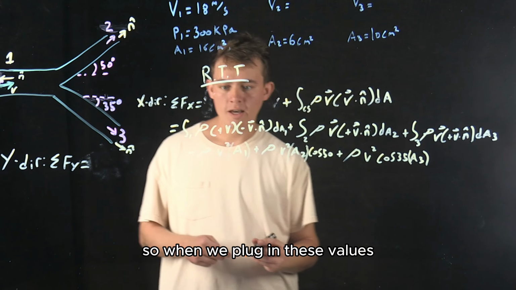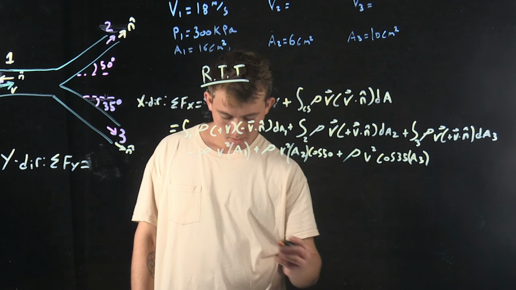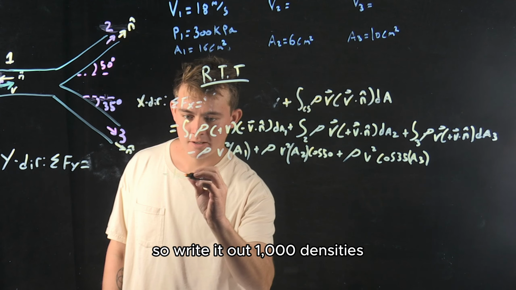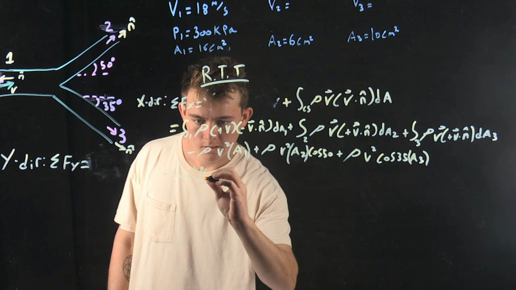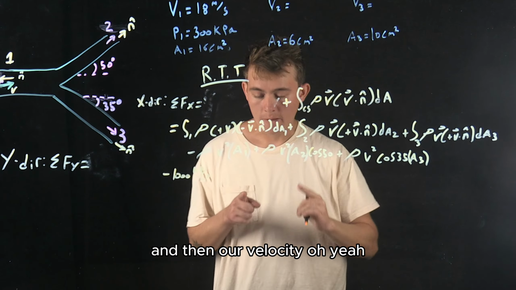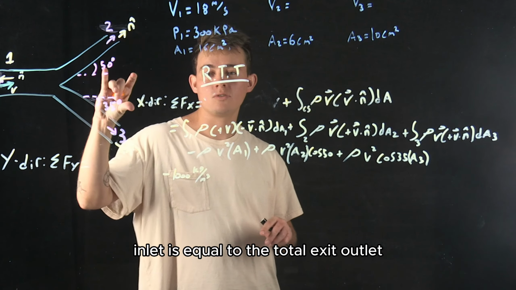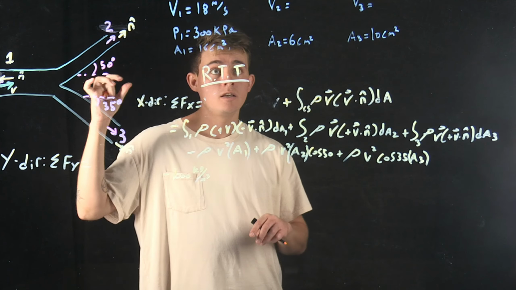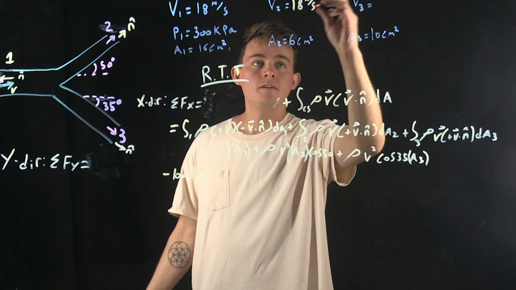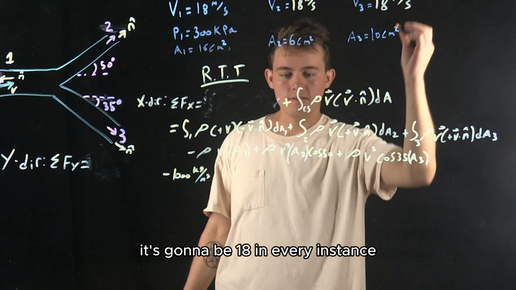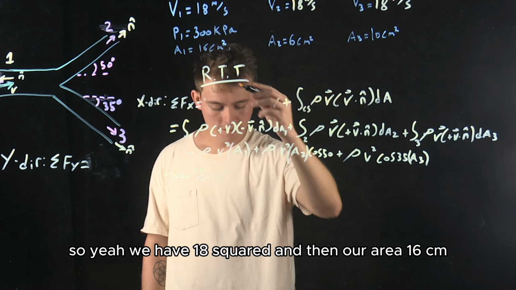Okay, so when we plug in these values, this is a water problem, so our density is going to be 1,000 for each case. So I'll write it out, 1,000. Density's unit is kilograms per meter cubed. And then our velocity, remember we said that because the total area inlet is equal to the total area outlet, the velocities are uniform throughout all cases. So our velocity is going to be 18 in every instance. So we have 18 squared, and then our area, 16 square centimeters.